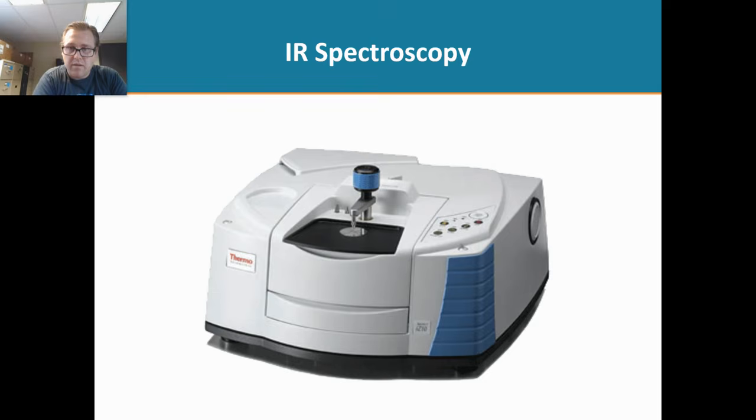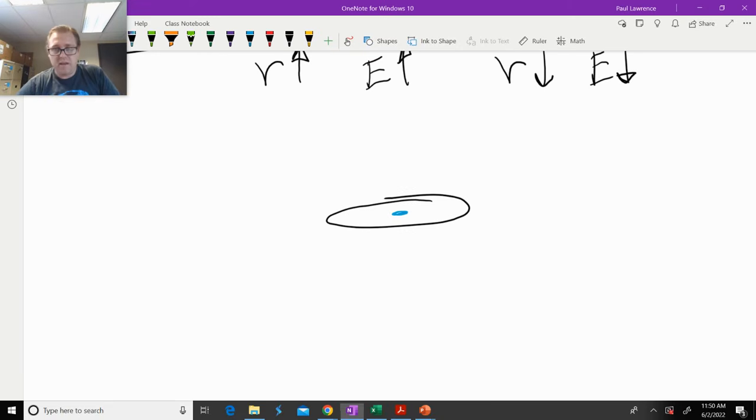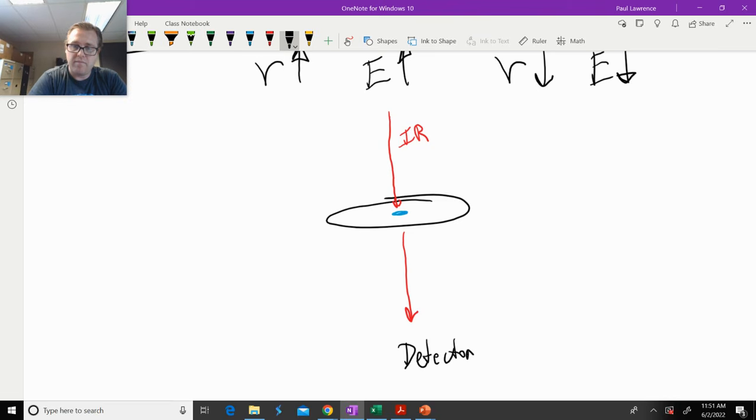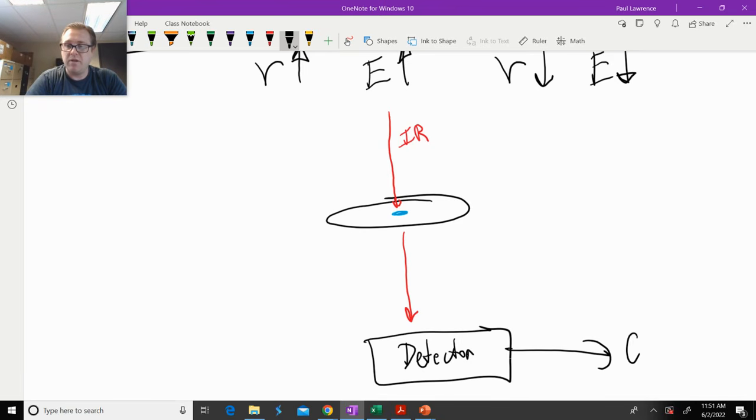And so the idea here is we're going to zap our sample with IR radiation. And then that light is going to travel through our sample and hit our detector. And then that detector sends out the information to our computer.